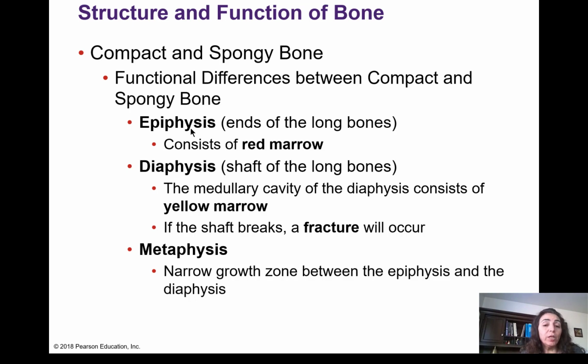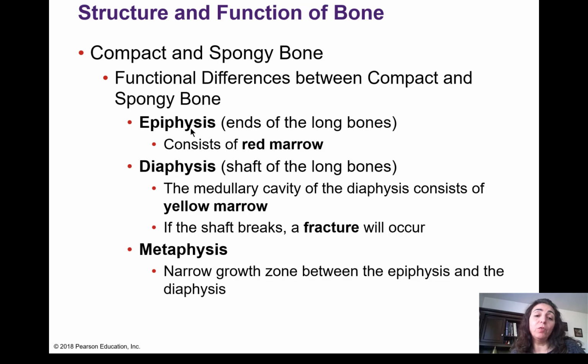And they consist of red bone marrow or red marrow, as we said that most of these epiphyses are composed of the spongy bone or trabecular bone or cancellous bone, right? Then in the middle we have the shaft of the long bone, shaft or body, that we call diaphysis. So diaphysis has a cavity inside, we call it medullary cavity, as I have shown you already.